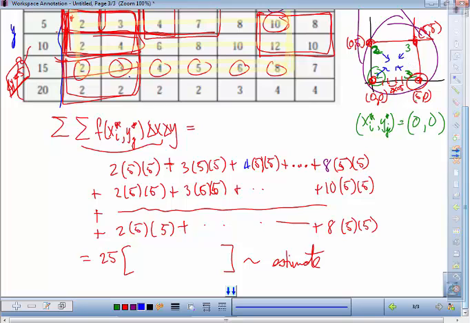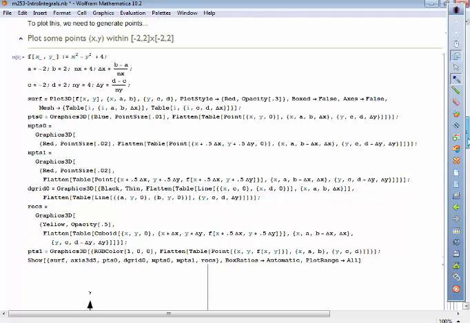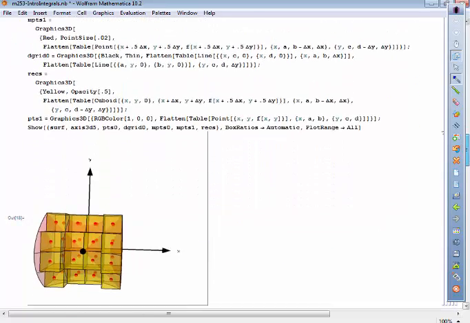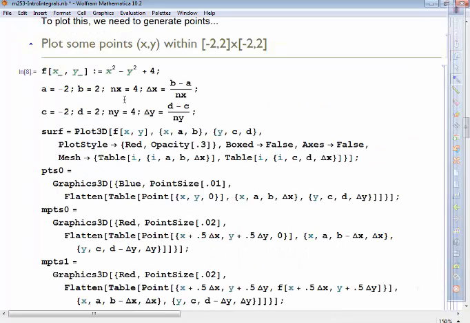I wrote a program a few years ago. It's not really a program, but it's a Mathematica program that takes a visual look at it. If we actually have a function that we can plug in values to, which is what's going to happen for us anyways, let's assume that our function is this hyperbolic paraboloid that's been shifted up 4 units.